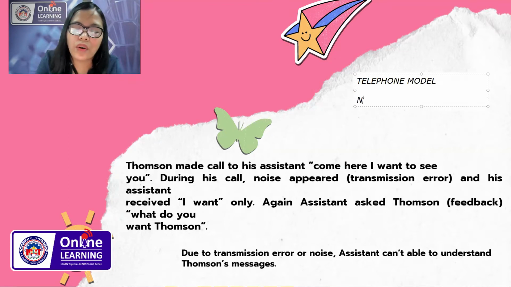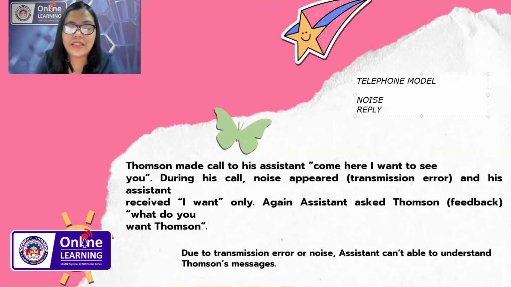So there is noise and a reply. The focus of this model is to know the reply. Why? As you can see, the reply of the assistant is I want only because of the noise that she heard from the flow of communication.